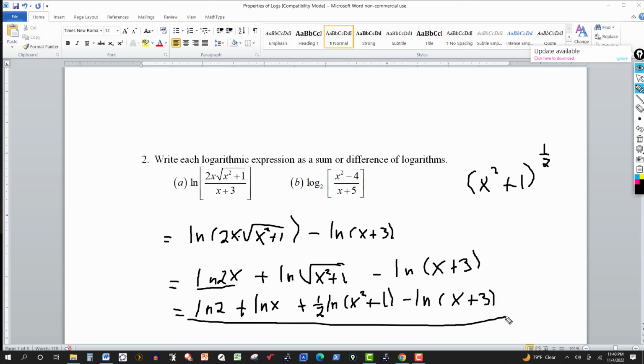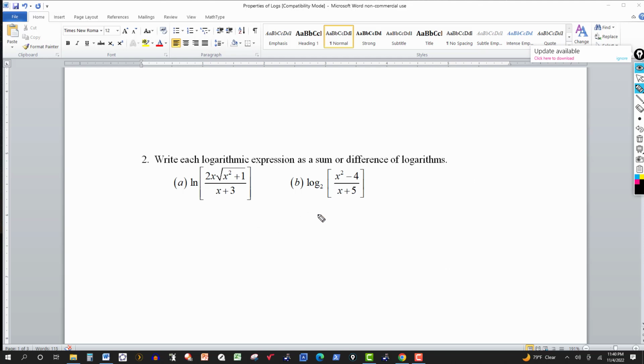This expression right here is your answer. Now this problem works both ways. They might give you a problem like this, or they might give you this problem here and tell you to write it as a single log. In other words, I want you to get this expression. So you just reverse your steps. You just reverse the steps and get your solution.